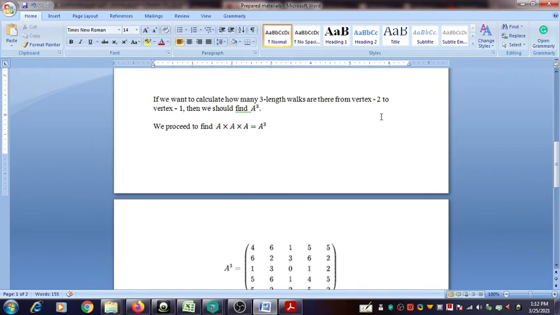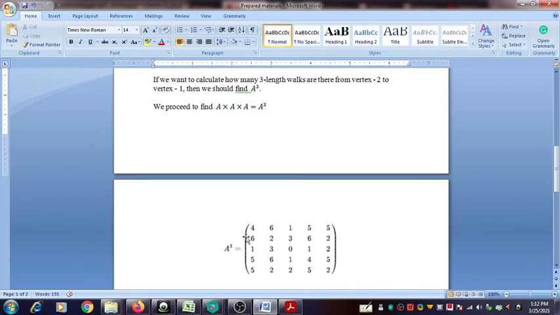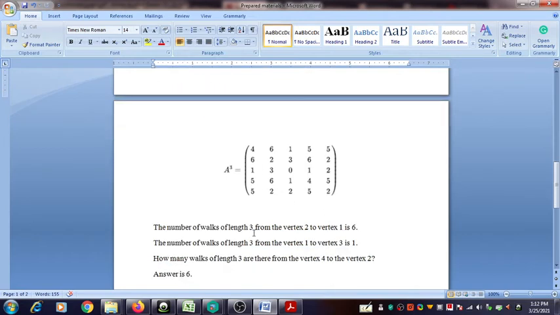Since we consider 2 and 1, you take the second row and the first column, and the entry at that position is 6. So 6 is the answer to the question.